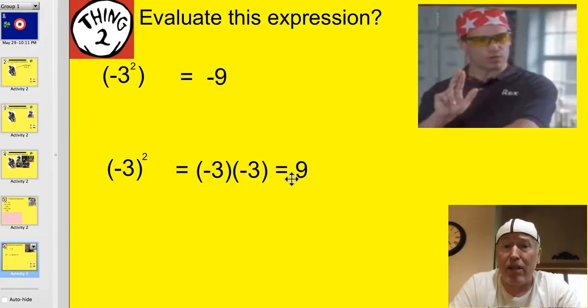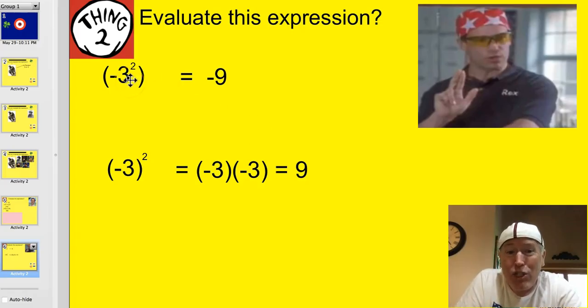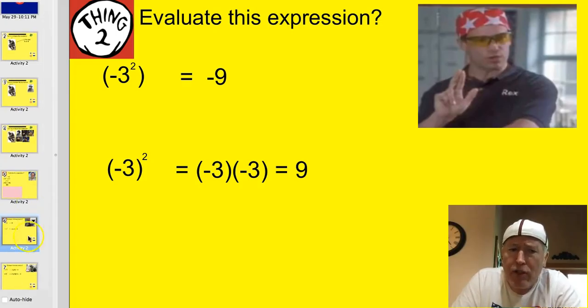That is a positive 9. So thing 1 here, minus 3 squared, is a negative 9. And this one, minus 3 with the entire quantity squared, the exponent on the outside of the brackets, means it's a positive 9 because it's a negative 3 times a negative 3. I'll give you a couple other things to think about too.